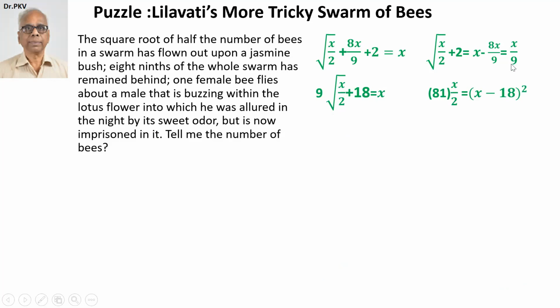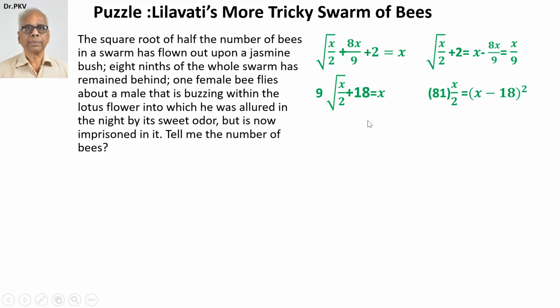I multiply the left-hand side by 9 and then see what happens. 9 times root of X by 2 plus 9 into 2, which is 18. So 9 times root of X by 2 plus 18 equals X, because when I multiply by 9, this X by 9 will become X.